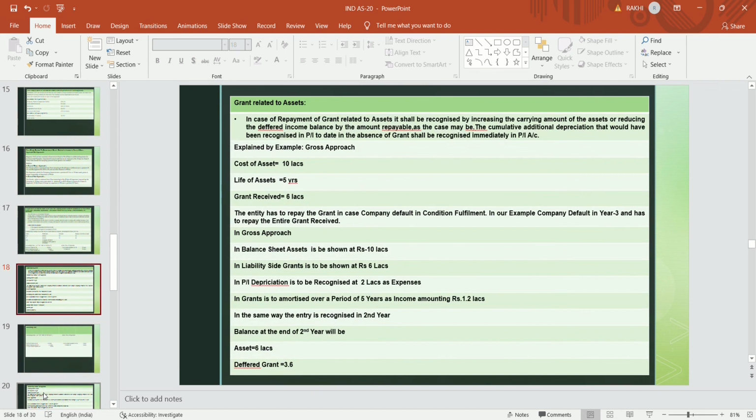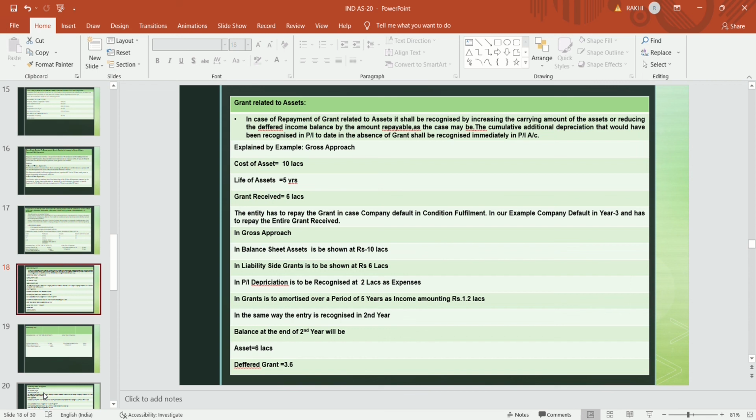Now, previously we covered grant related to income, and now grant related to asset in case of repayment. In case the company defaults, it has to repay the grant to the government.